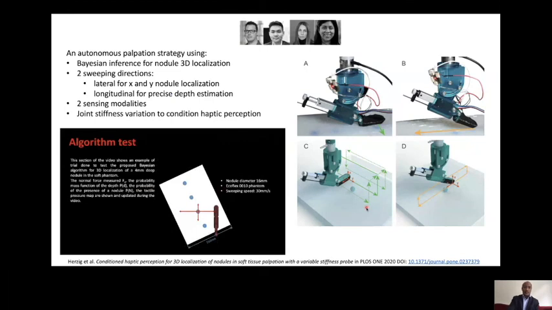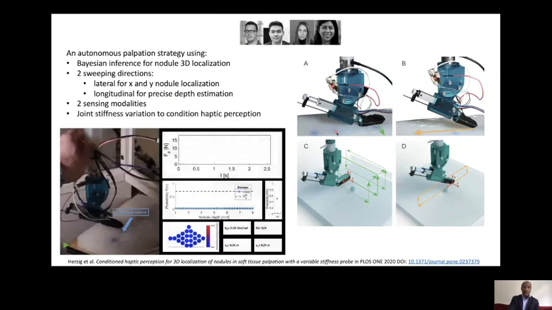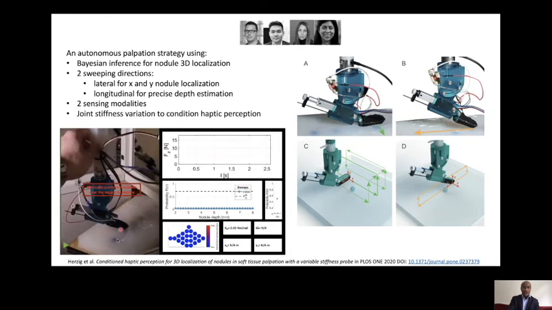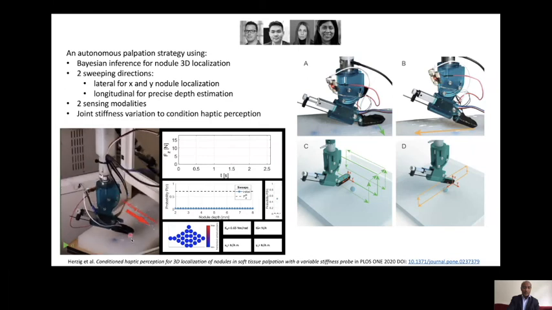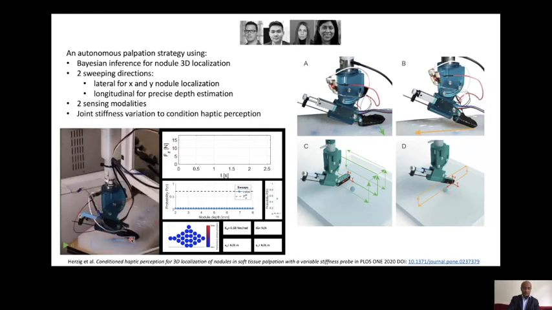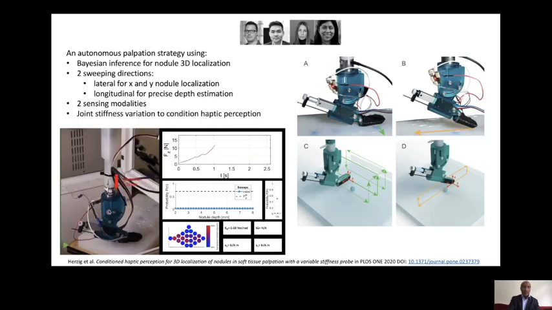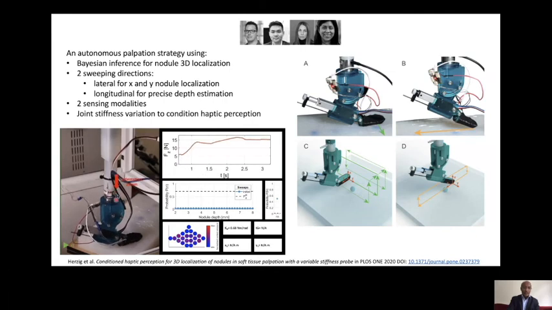For example, in this case, we have a robotic finger where we can control the stiffness, and then we explore to estimate the depth of a nodule in a soft tissue. What we see is that by controlling the stiffness of the finger, the perception at a tendon level, at the base level, changes, right?